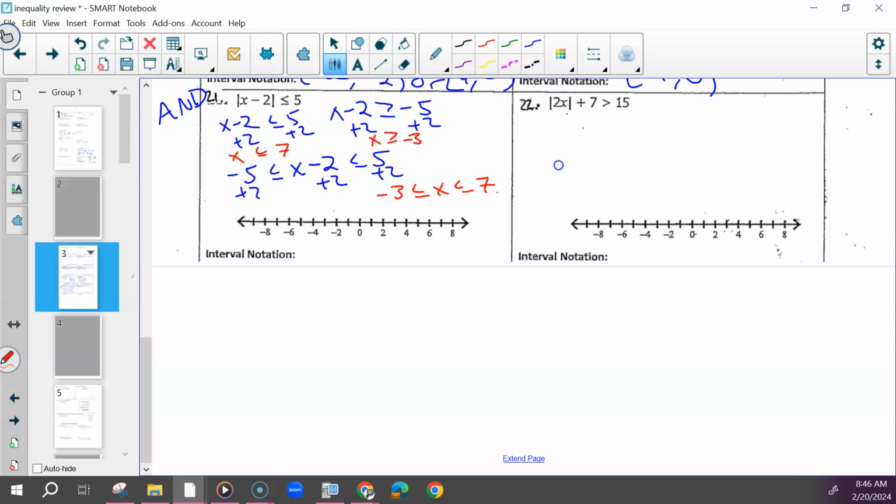Which means this would start at -3, closed, end at 7, also closed with a line between it. Brackets for both -3 and +7. Questions on that one?